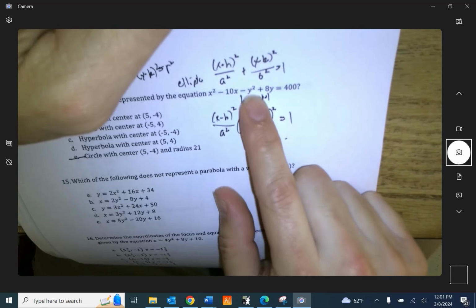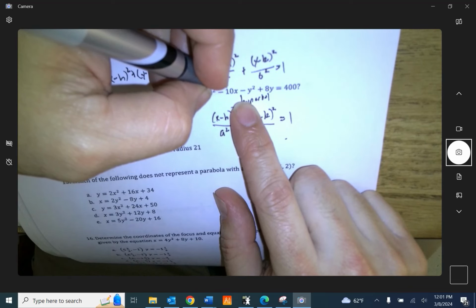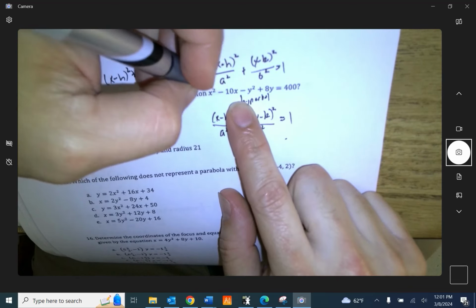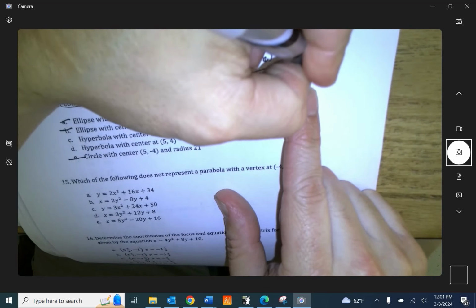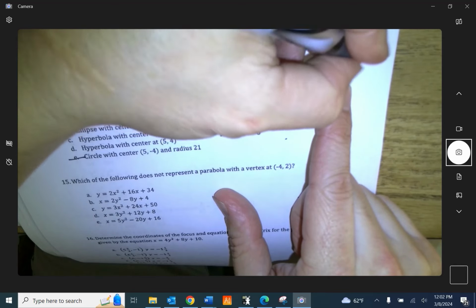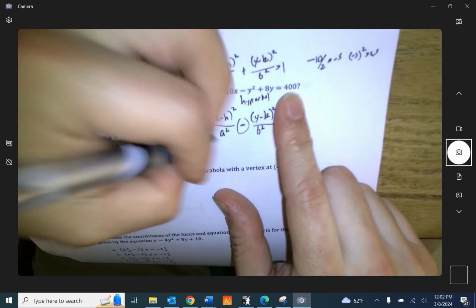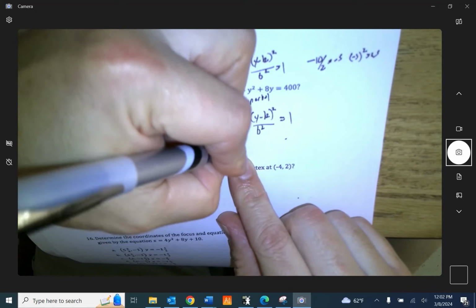But anyways, let's make it look like this. So I'm going to do a lot of math real quick. I am going to take half of 10, get a negative 5. I'm going to square it, get 25, and add it to both sides. So x squared minus 10x plus 25.